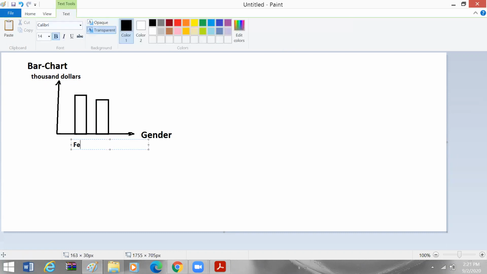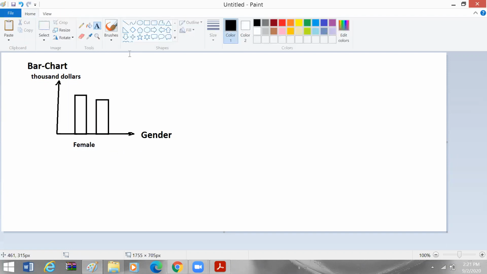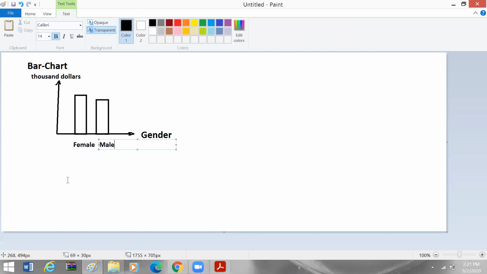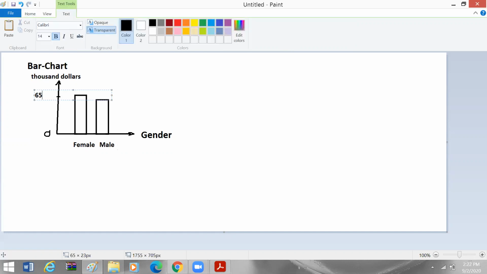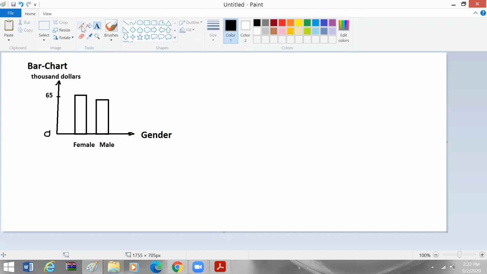This is for instance female, and this is for male, okay? So what's going on for that part is I start from 0, and this is for instance 65K. On the other hand, on the bottom, this is 50, 52, and this is 64.